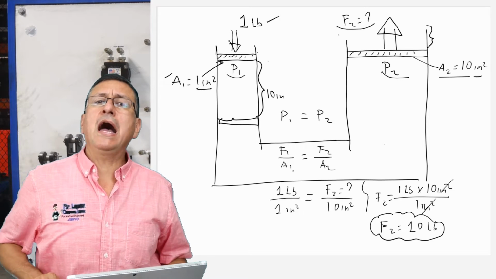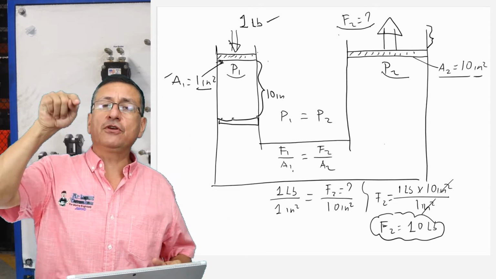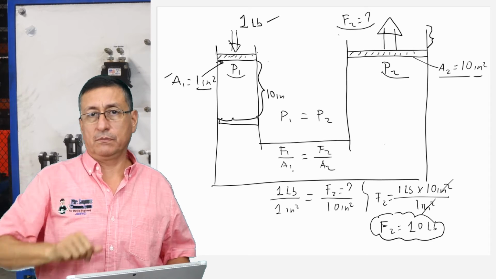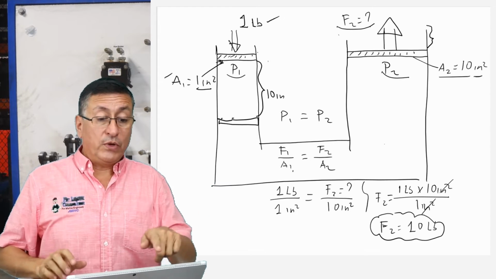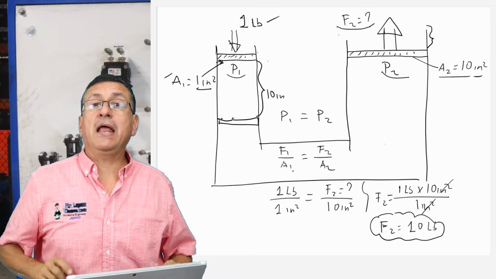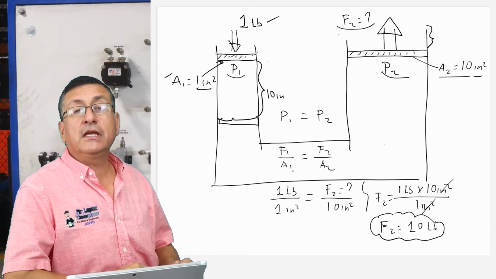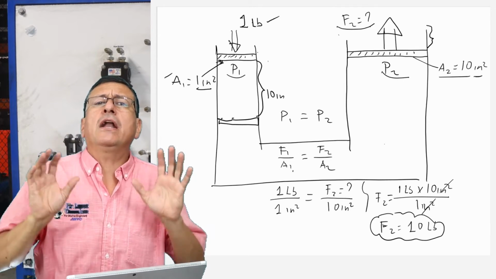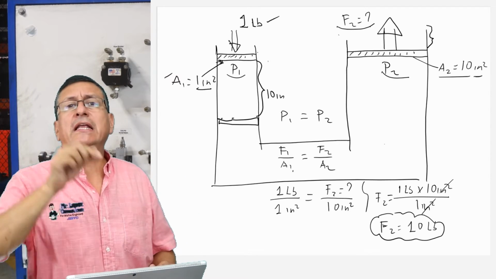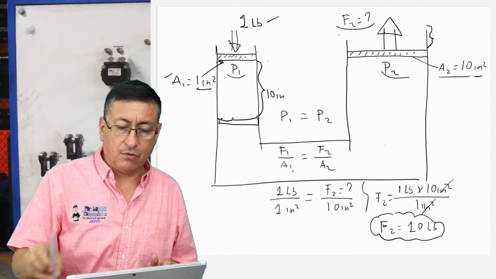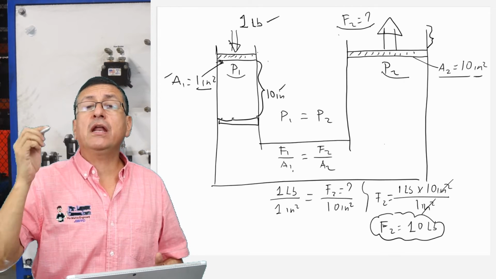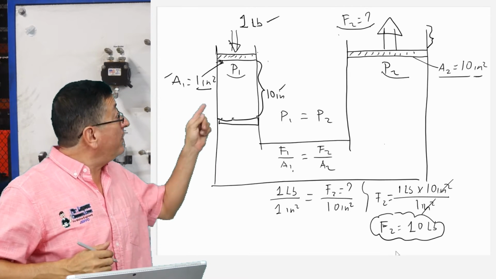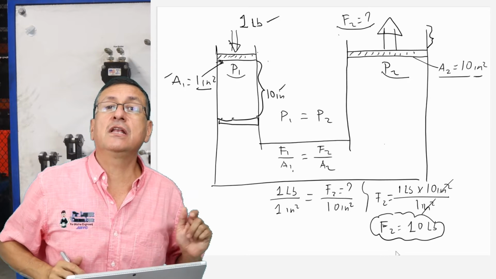But what happens with the movement of the pistons in this particular example? In this example, we say that we are going to apply a force of 1 pound in position number 1, and we are going to move piston number 1 10 inches down. And we are going to calculate how much the second cylinder moves up.